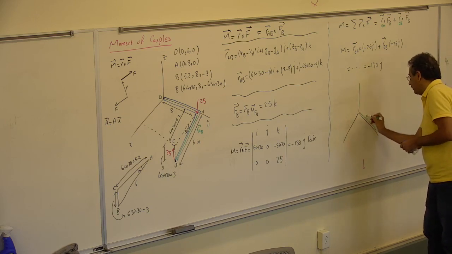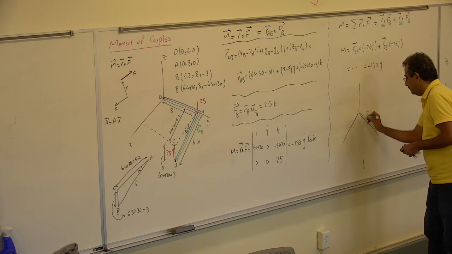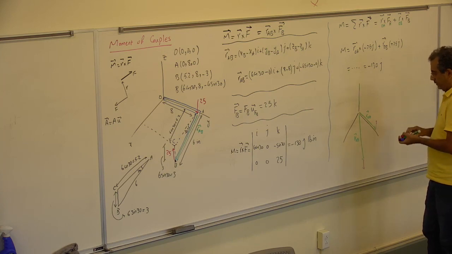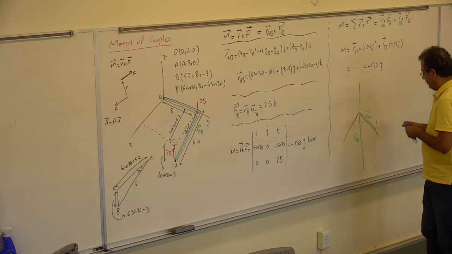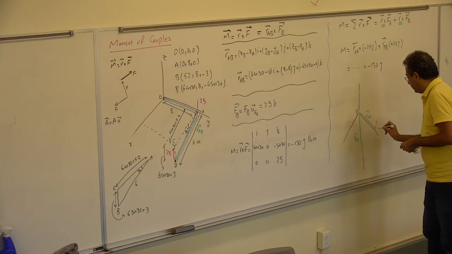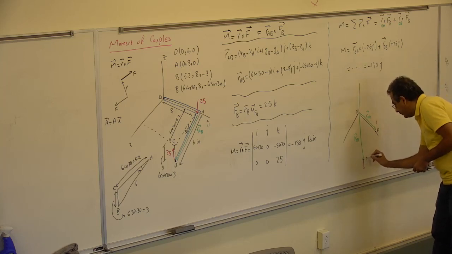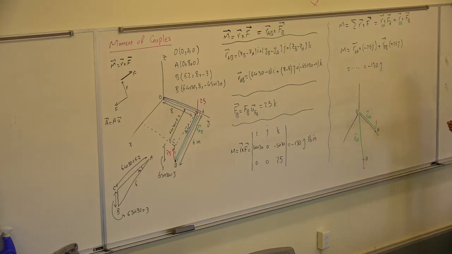That's the R OA, that's the R OB. These are from the point O, and then add them together.